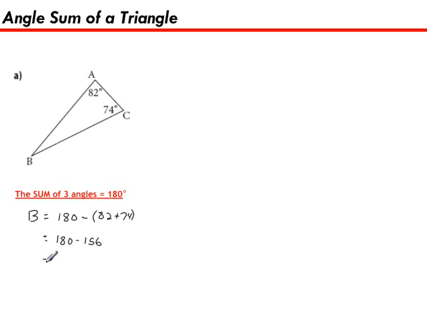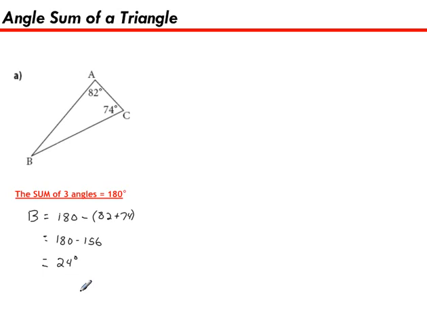And finally, 180 minus 156, well, that's 24. And we're talking degrees, so I'll put that symbol there. So this missing angle must be 24 degrees. So all 3 of these angles will add up to 180 degrees. All right, there you go, angle sum in action.